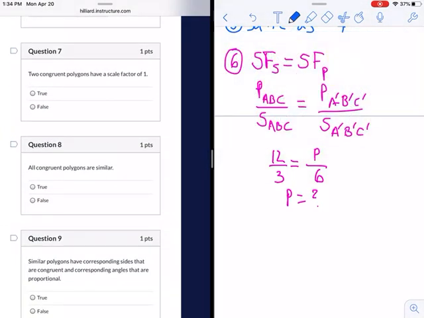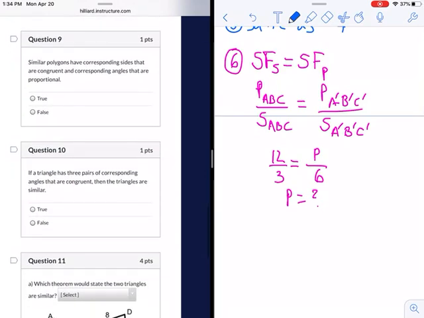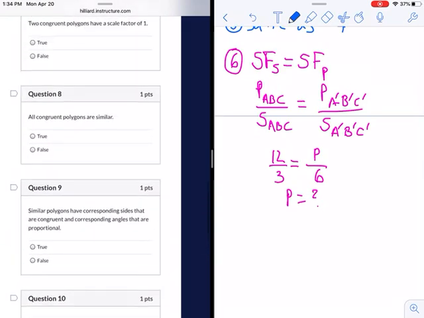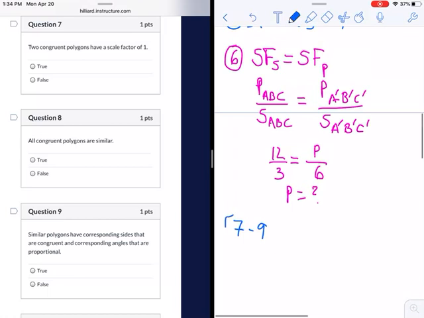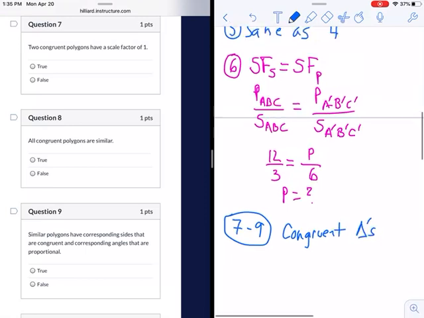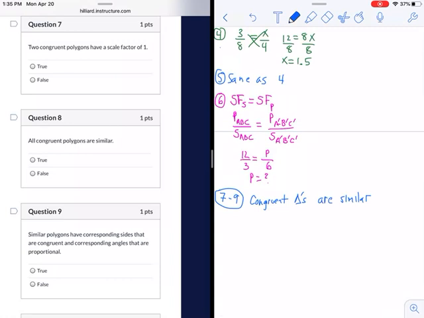Number 7, 8, and 9. Let me look. Let's do 7, 8, and 9 as one big cluster. Alright. Congruent triangles are similar. You guys can hear a train coming in the background.